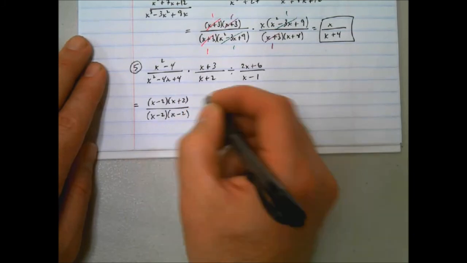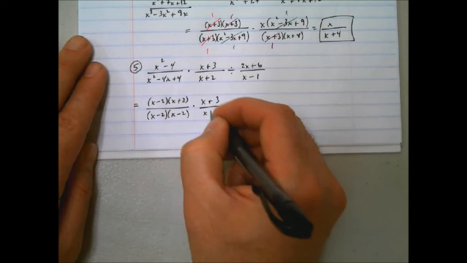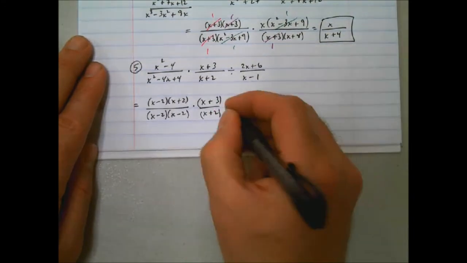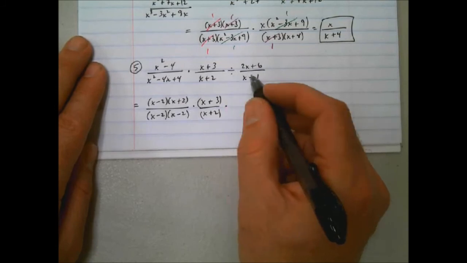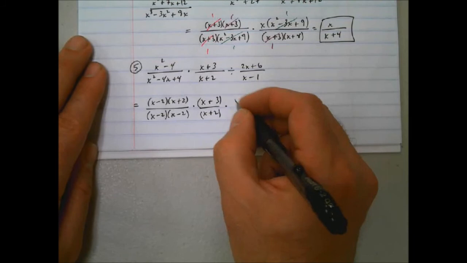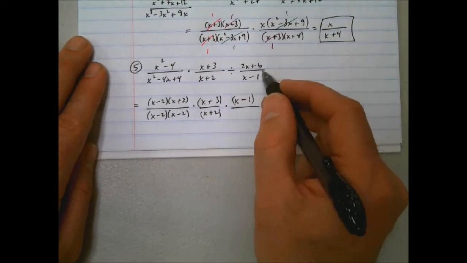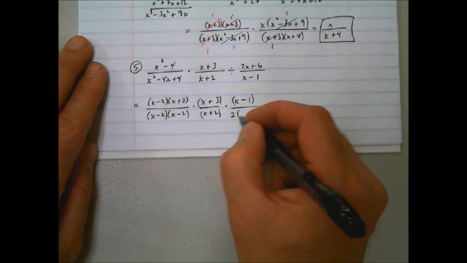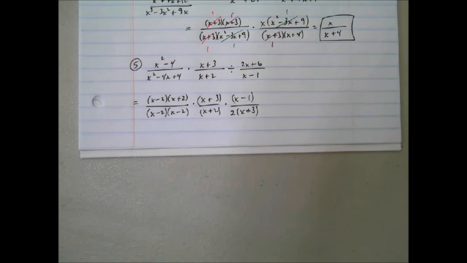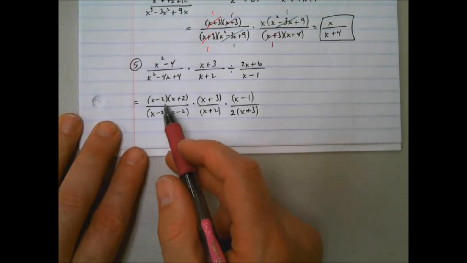And x squared minus 4x plus 4, that's x minus 2 times x minus 2, times x plus 3 over x plus 2. Maybe you put parentheses around them. Times, because we're changing the division to multiplication, and I'm going to flip and multiply. So x minus 1 is on top, and 2x plus 6, but there's a GCF of 2. So 2 times x plus 3 is in the bottom.